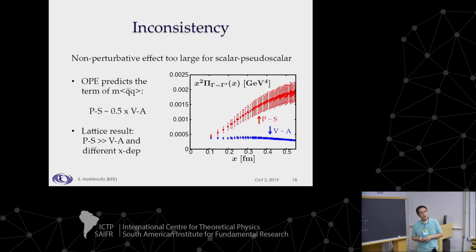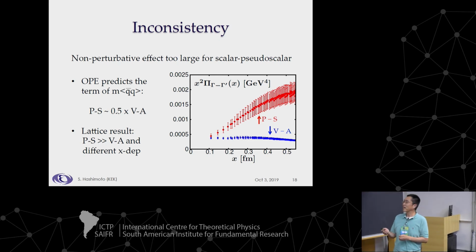But there is an important inconsistency between the lattice data and the operator product expansion. For this particular quantity, the pseudoscalar minus the scalar, or the axial vector minus vector, if we look at it very carefully, this is the lattice data. And what we know from the OPE is that the coefficient is smaller for the pseudoscalar minus scalar compared to the vector minus axial vector.